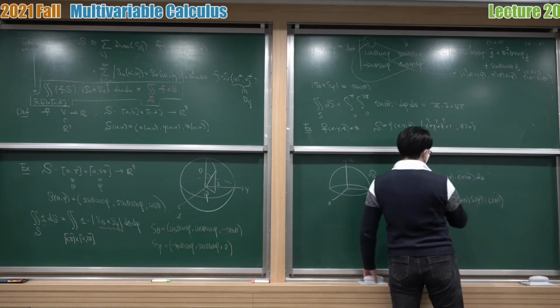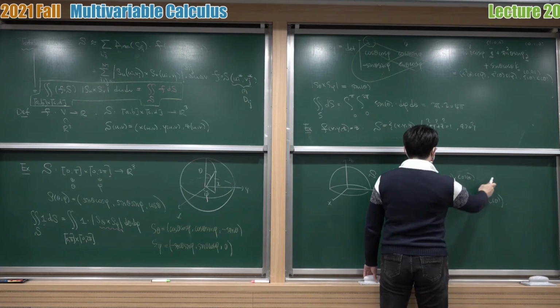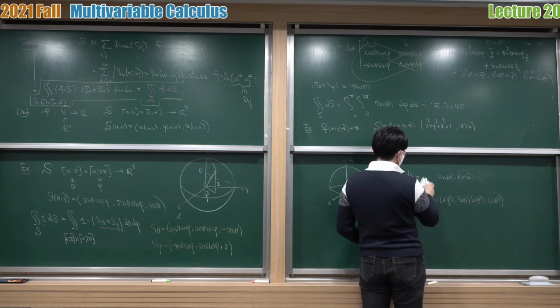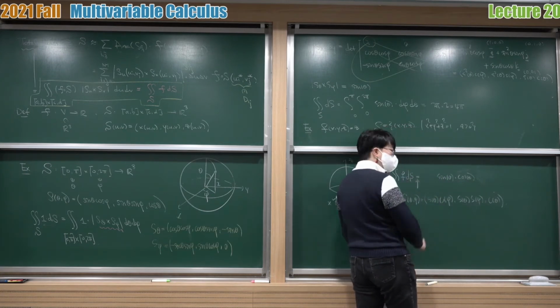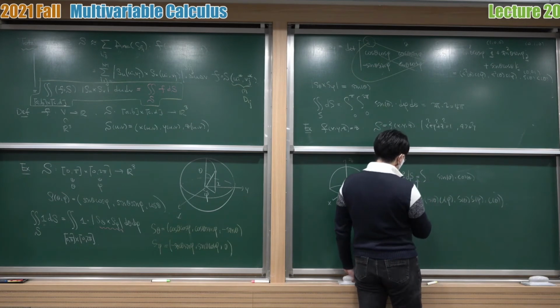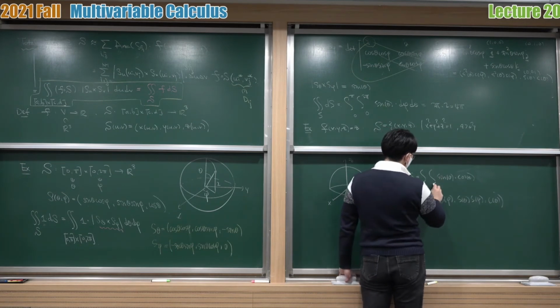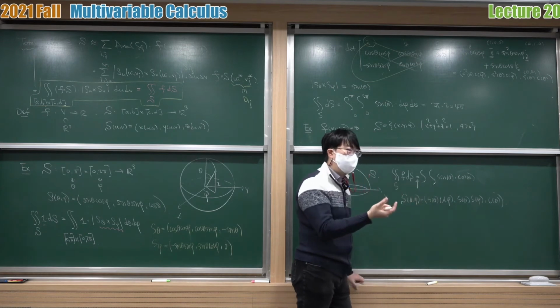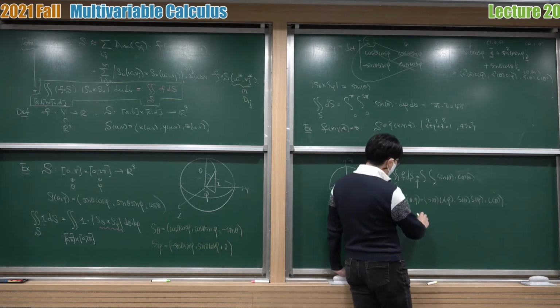Well, let's see. If you want to integrate, then you always have to use the Fubini theorem. In order to use the Fubini theorem, you have to take the limits of each coordinate. So what's the limit of theta?